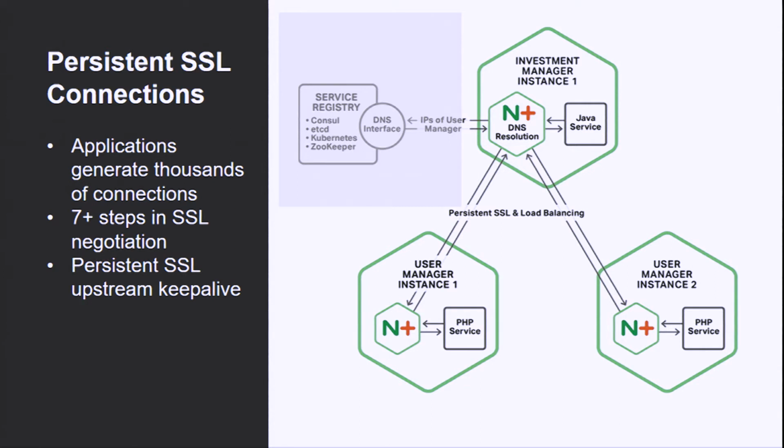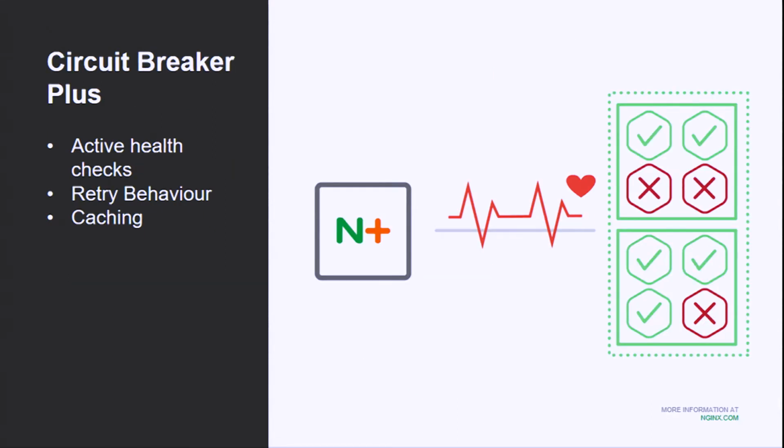In our own application, we saw a 77x performance improvement over fast local connections by maintaining persistent SSL connections as opposed to having to create them on every single request. And of course, you can implement advanced patterns like the circuit breaker that we described before.